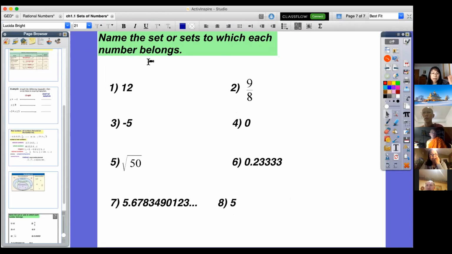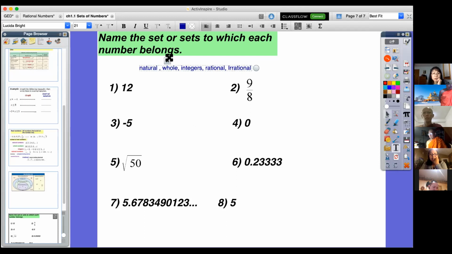They could be natural numbers, whole numbers, integers, rational, irrational.